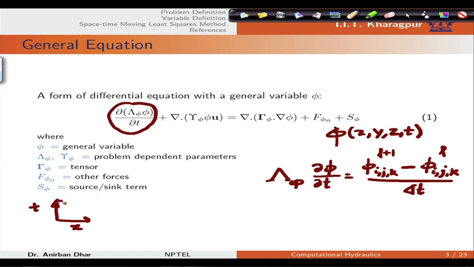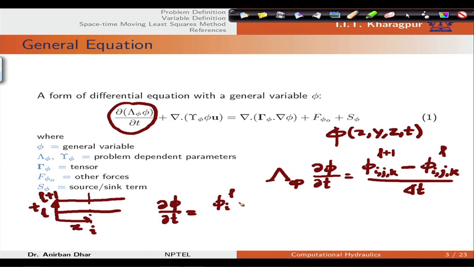If this is our time level L and this is our time level L plus 1, then for any particular space location I we can calculate the derivative: del phi by del t equals phi I L plus 1 minus phi I L, divided by del t.